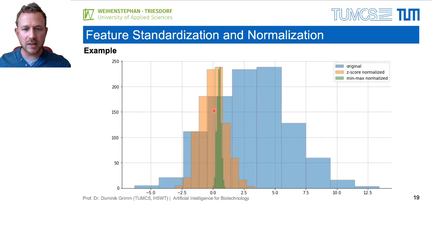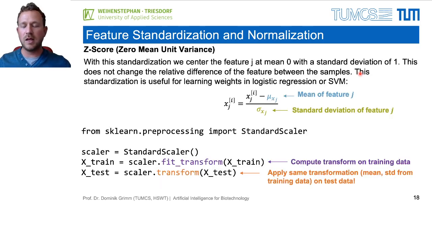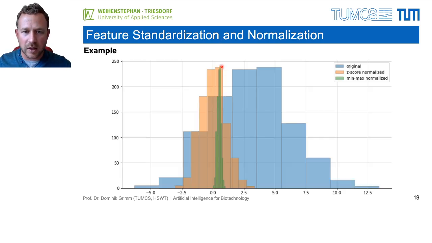So let's look at an example. Here in blue, you can see a histogram, the original histogram, where the mean is approximately 2.3, and it has a quite huge standard deviation. So if we now use this z-score, so we compute zero mean and unit variance, then we see that the orange histogram here is now centered around 0.